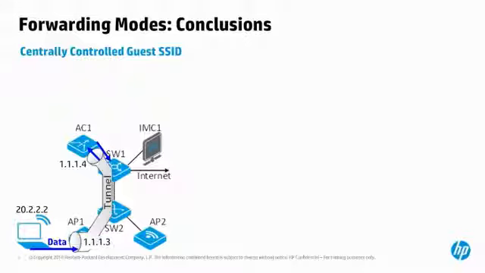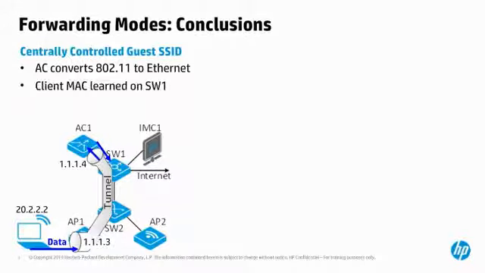The AC receives the original 802.11 frame from the client, translates it into an Ethernet frame, and forwards it towards its destination. Therefore, SW1 is the first switch to see guest endpoint MAC addresses. It learns this MAC address on the port connected to AC1.